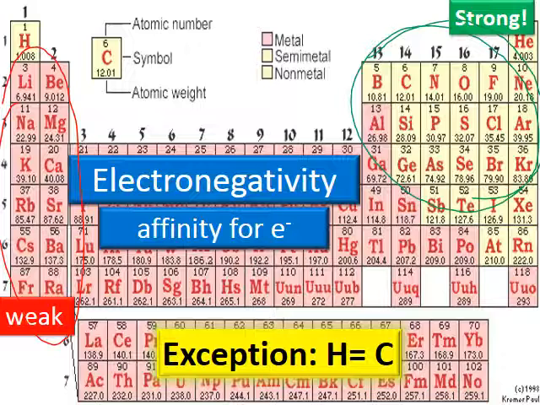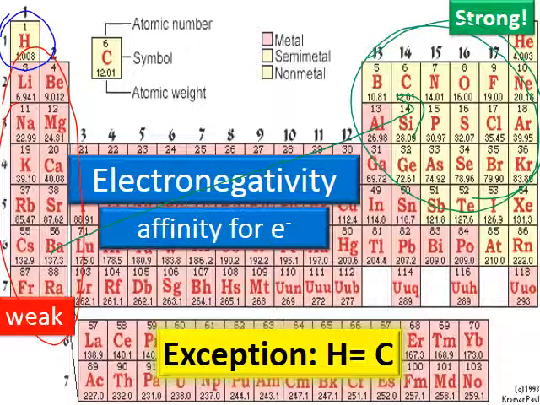So we have this trend in this periodic table, and there's actually a lot of information that you can get from this periodic table besides the trend in electronegativity. The strength of electronegativity, as you move from this direction to this direction, these elements get stronger and stronger.